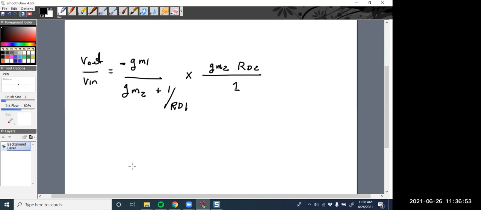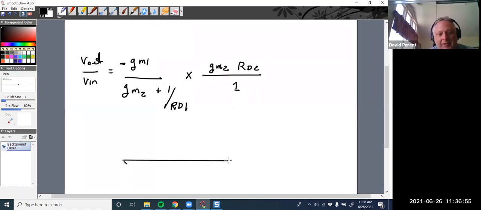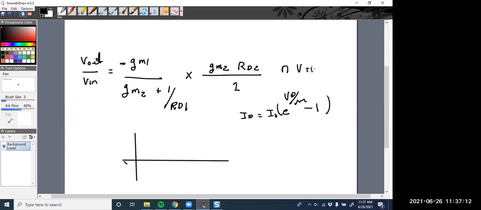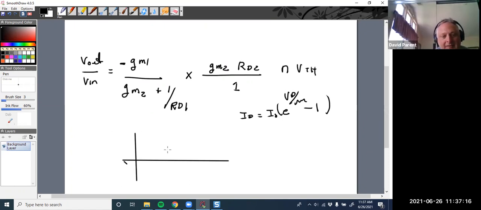And so I know it might sound like I'm repeating myself, but I'd like to do it with the diode. And that is just N V threshold, V thermal. All right.